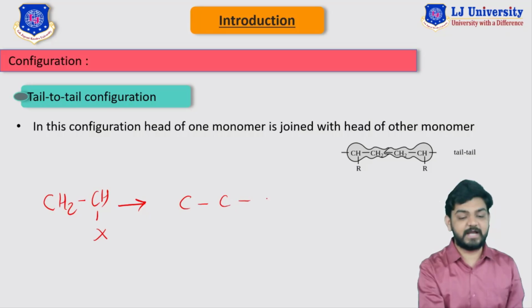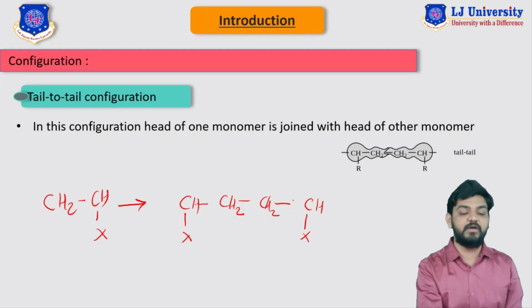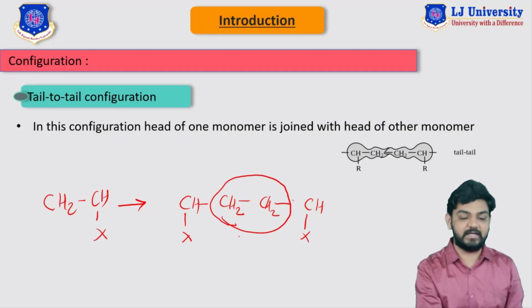Let me draw the first carbon, and one carbon is here. In this particular element we have one hydrogen here and a halogen group. Here is the H2. Again here will be H2. Here we have one halogen group and hydrogen like this. So you can see that the tail of this monomer is being connected.